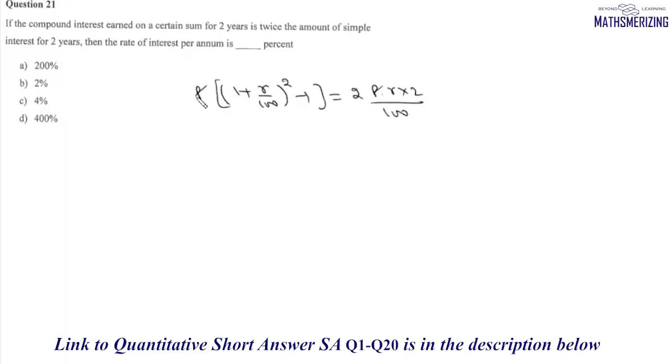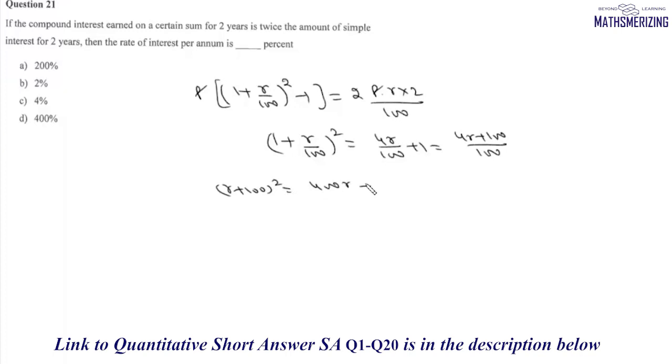Now here P will cancel, so we can write (1 + R/100)^2 equal to 4R/100 + 1, and there will be (4R + 100)/100. So we can write this as (R + 100)^2, and there will be 400R + 10,000.